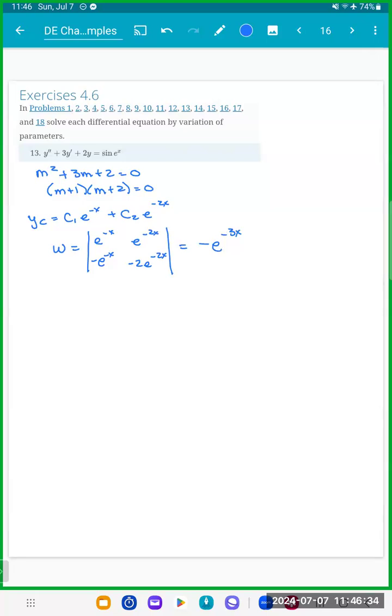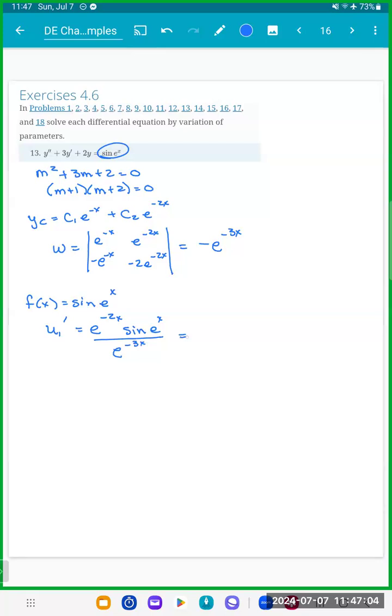Okay. Our f of x is just the sine of e to the x. That's our function. So if I want to look at u1 prime, that's going to give me e to the negative 2x sine e to the x divided by e to the negative 3x.